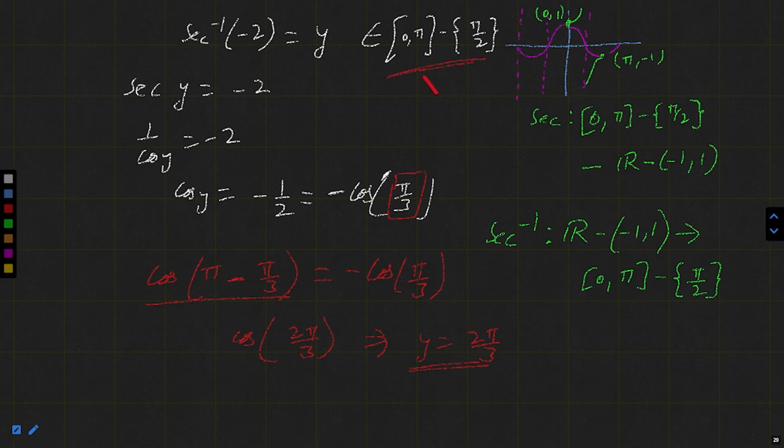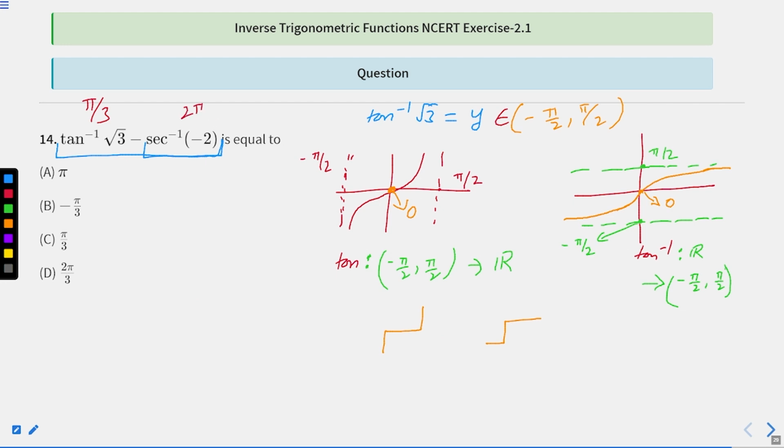Now let's verify that this value of y belongs to the principal value branch. We can see that it is greater than 0 and less than pi, and indeed it is not equal to pi by 2. So yes, it belongs to this principal value branch. So my principal value for this will be 2 pi by 3.